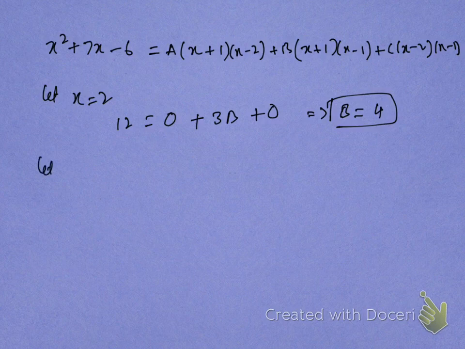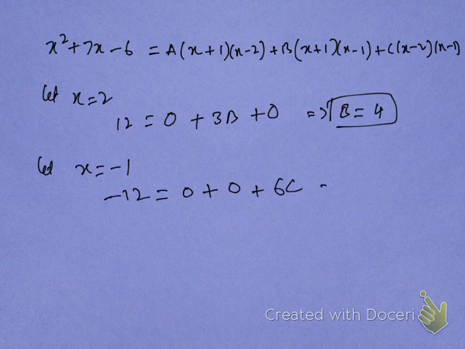For the last constant, which is C, substitute the last value of x, which is x = −1. When we substitute x = −1, on the left side we get −12, and on the right side we get 0 + 0 + 6C. Therefore C is −2.